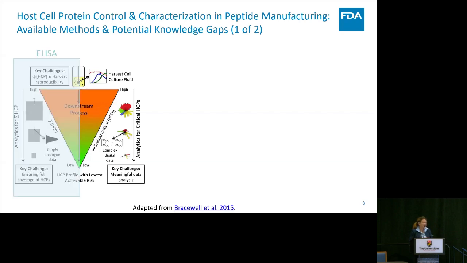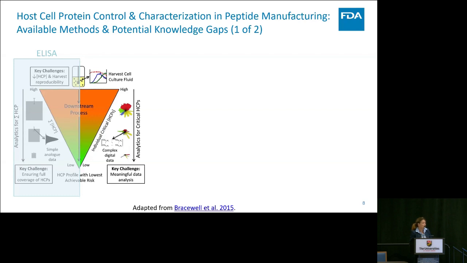So drug manufacturers typically use a combination of orthogonal methods. What is typically done to quantify total host cell proteins in the drug product at different stages of the manufacturing process is running ELISAs. And these ELISAs usually use polyclonal antibodies that are produced by an animal immunized to the cell, to the expression system.